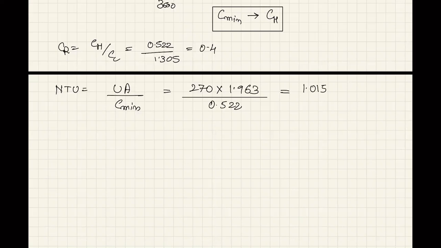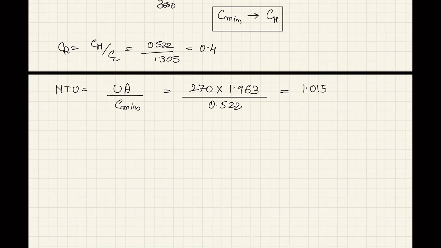That was watt per meter square degree Celsius, and this value of CC is in kilojoules, so it needs to be divided by 1000. It won't be 1000 point something, it will be 1.015.